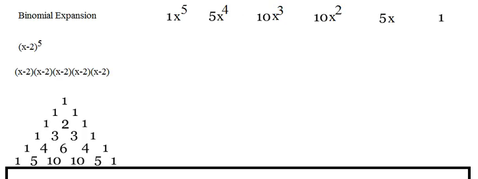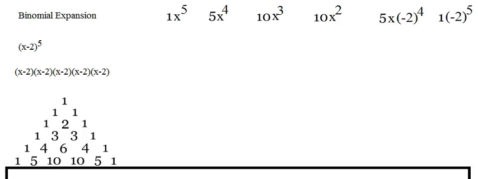Then I'm going to do the same thing, but with negative 2, and I have to start on the opposite end. So I'm going to do negative 2 to the power of 5. And then here, I'm going to do negative 2 to the power of 4.